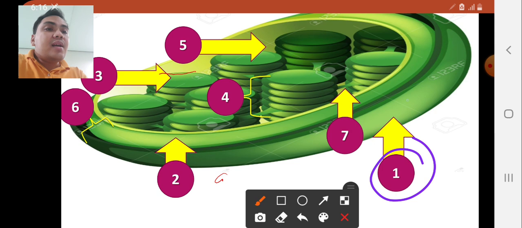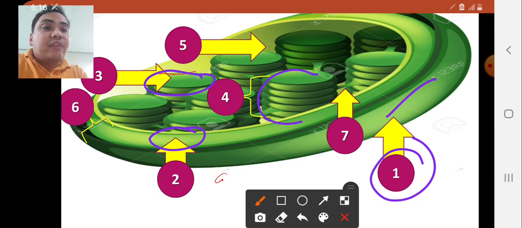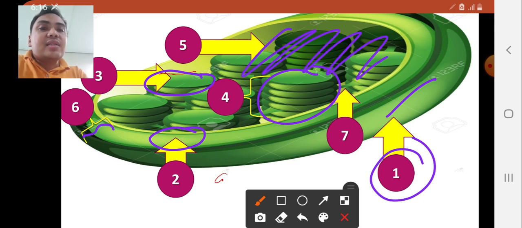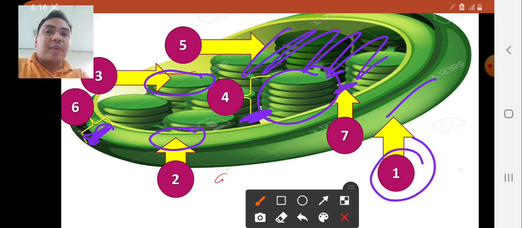Number 1, the outer membrane. Number 2, the inner membrane. Number 3, the thylakoid. Number 4, the grana or the granum. Number 5, the stroma. Number 6, the intermembrane space. And number 7, the lamellas. These are the structures within the chloroplast, which is the site of photosynthesis.